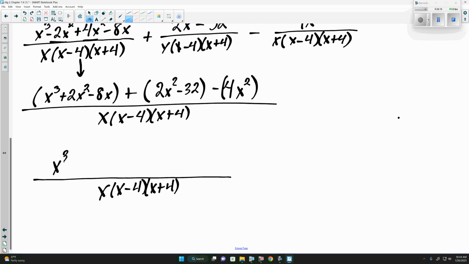So we have x cubed plus 2x squared minus 8x plus 2x squared minus 32 minus 4x squared. So really we dropped the parentheses and adjusted the signs if needed. The only one that was going to have a sign change is the last one that we're subtracting, but it really just made it minus 4x squared.